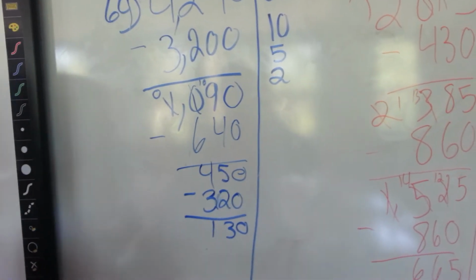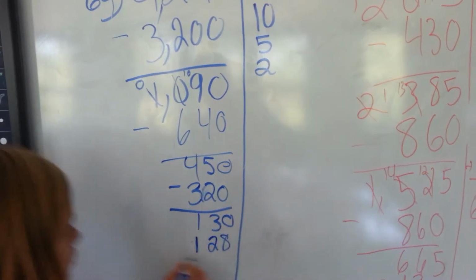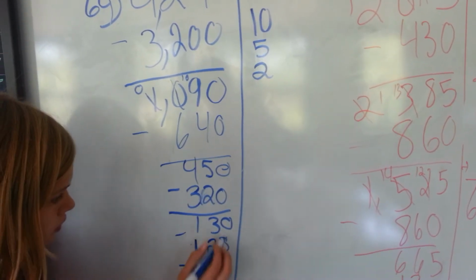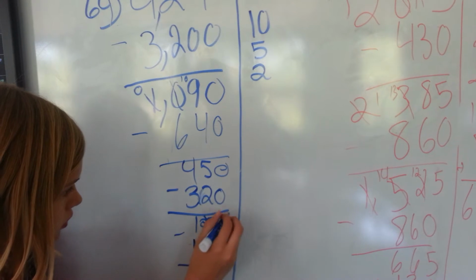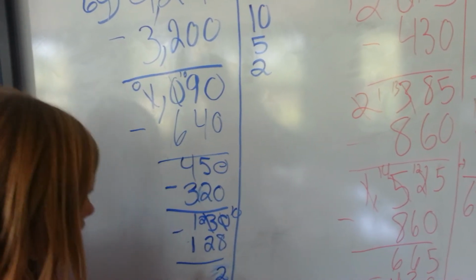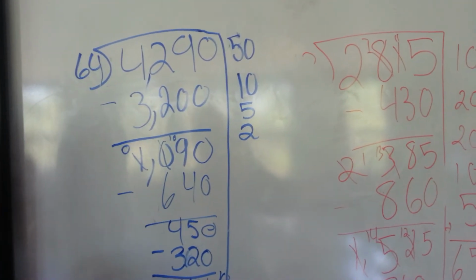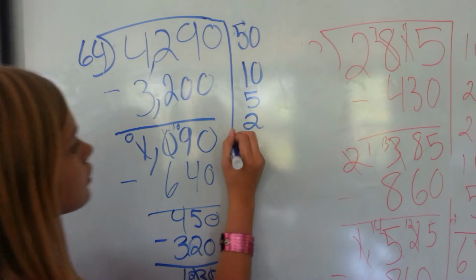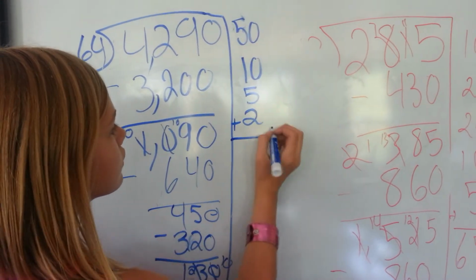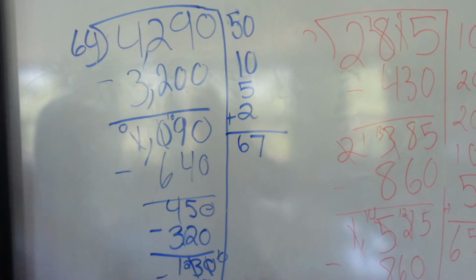So 120 plus 8. Go subtract that. Okay, 100. There you go. So what's the answer, Storm? So it'd be 50 plus 10. It's not times 50. 67 with a remainder of 2. Yep.